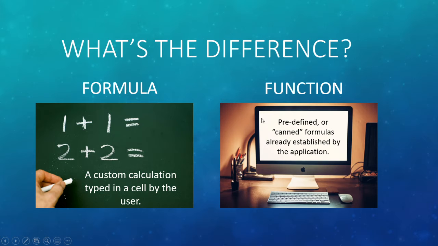Okay, now a function, same situation. It's going to do math for you, except these functions are like canned formulas inside the application that were already programmed. So you don't have to think about how you would type it out and teach the computer how to do it. Here's an example. A commonly used function when you're doing math would be the function for averaging.